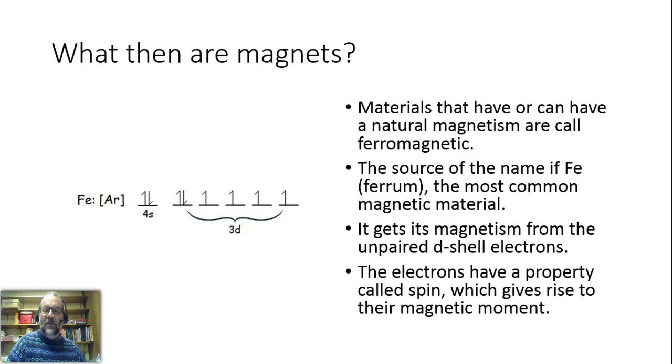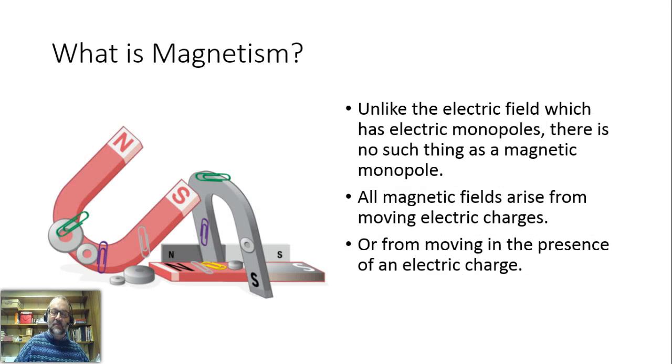The question then is, what is magnetism? And back to the previous slide. When we talk about there being no magnetic monopoles, what is a consequence of that? Well, with an electric charge, you have these fields going all over the place.